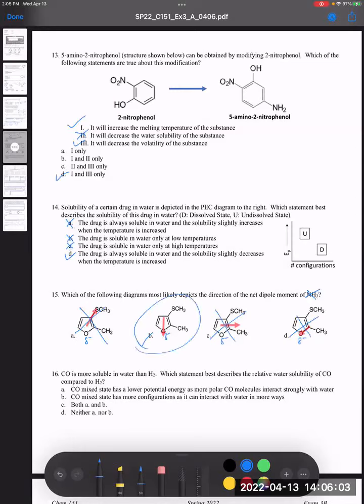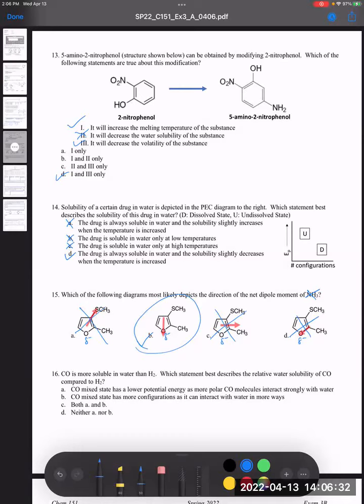Last question. CO is more soluble in water than hydrogen. Which statement best describes the relative solubility of CO compared to H2? So you can see that CO is a polar molecule, hydrogen is a non-polar molecule. And if you have a polar molecule, that's going to have more types of interactions with water. So like interacts with like. And as a result of that, you're going to have more ways of arranging with water when you have CO as compared to hydrogen.